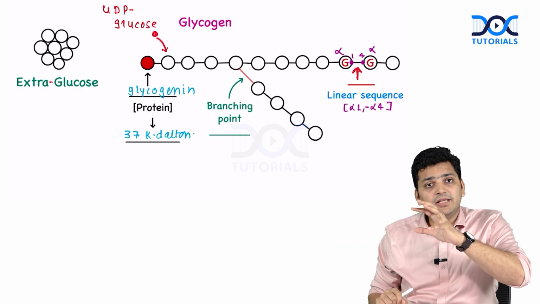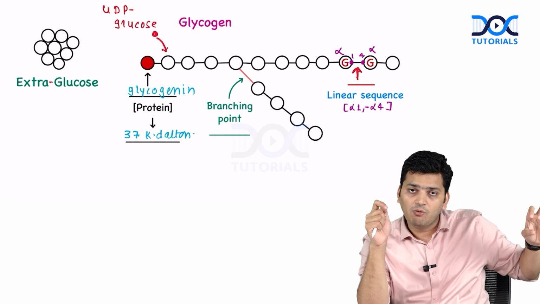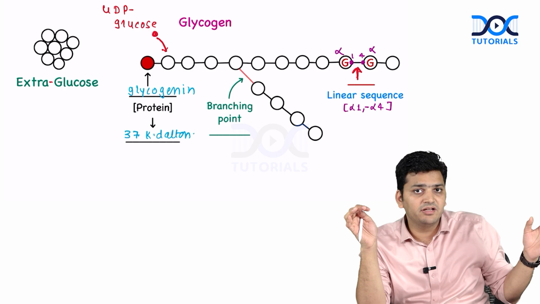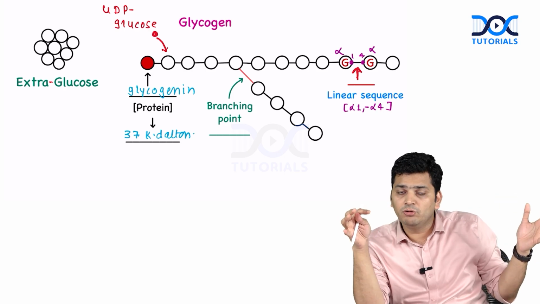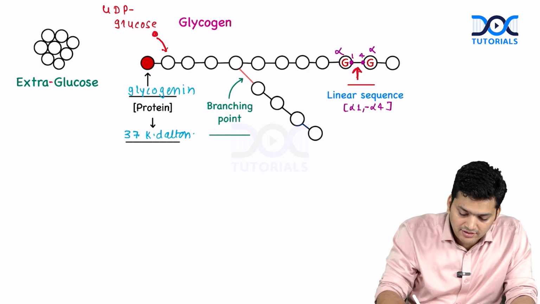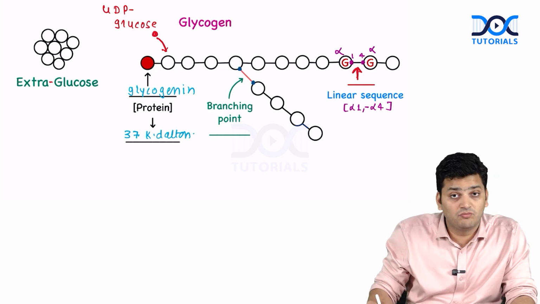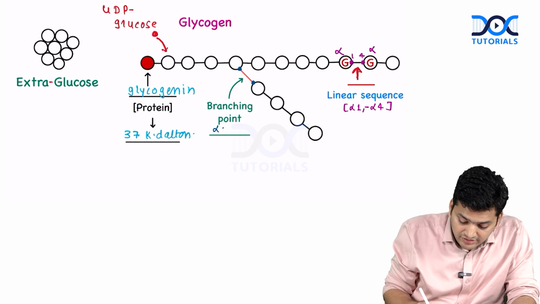And when these glucose molecules club together, when we make a long chain, almost 11-12 molecules are attached, then we can't make it longer than that. Then we have to make branches. And at the branching point, we have a special direction of the bond. At the branching point, the direction of the bond is alpha 1, alpha 6.